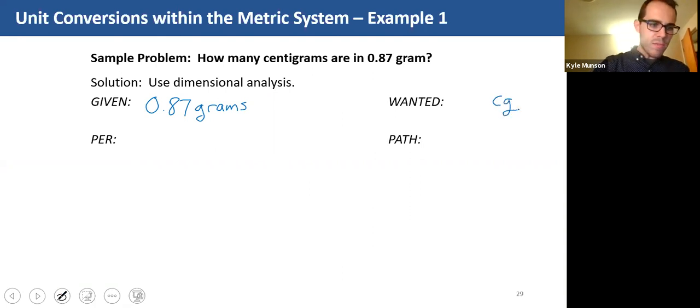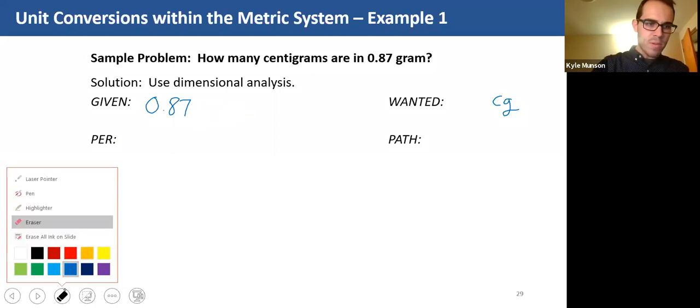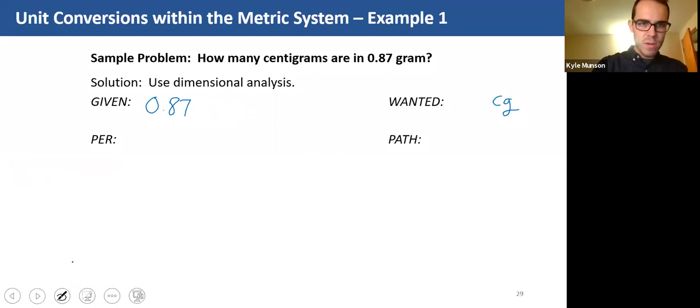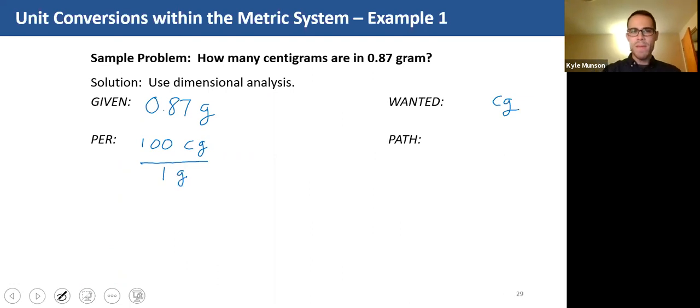Let me not spell this out. Let's get used to seeing grams represented as it will be throughout the semester with the unit g. And what's our conversion between the two? Well, if you go back to the table, there's 100 centigrams per 1 gram, okay?